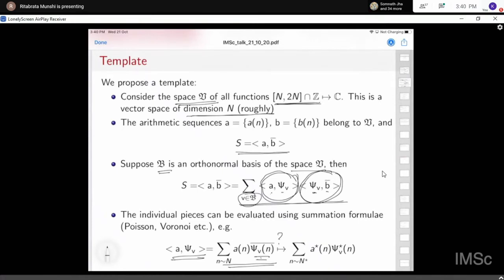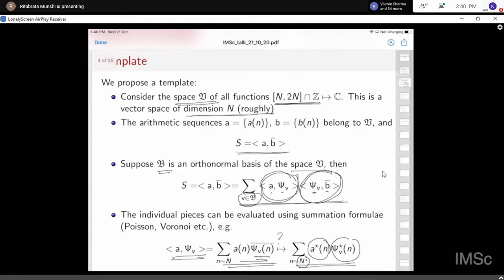Then we have a summation formula which will relate this sum with a dual sum, which will have a different length. I'm calling it N star, and it will have a different type of arithmetic sequence a star n, and there will be a different type of basis element psi v star. Soon I'll give you some examples, and then it will become clear what I'm talking about.